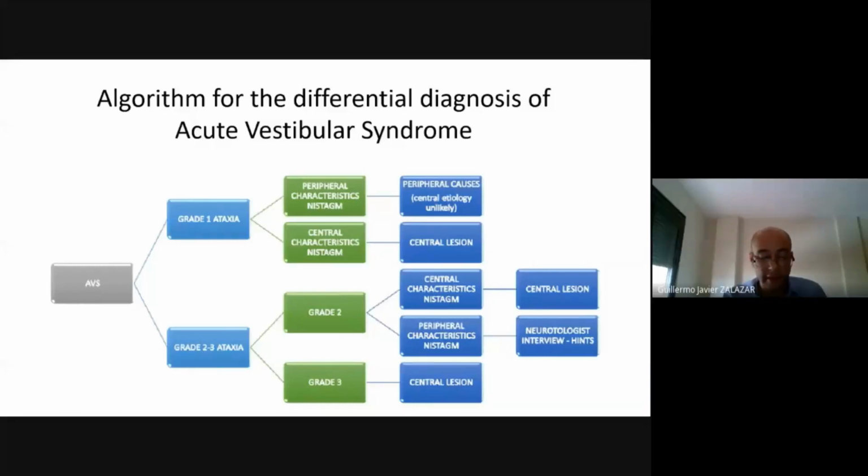If the ataxia is grade 2, the nystagmus is evaluated. If it has central features, the lesion is central. If it has peripheral characteristics, it is time to carry out a more complete neurological evaluation, applying the HINTS protocol by a trained physician.